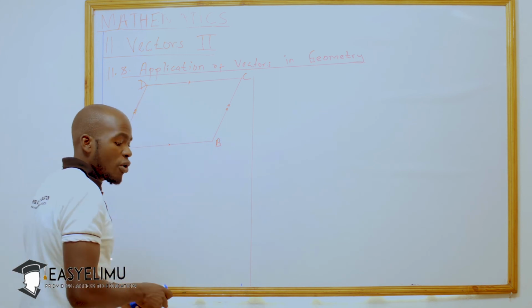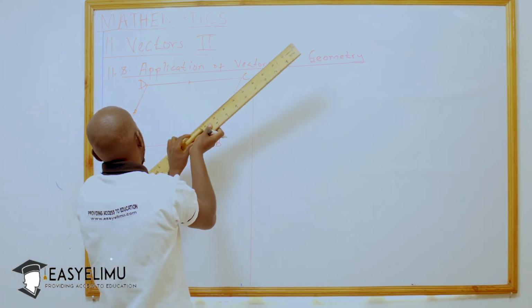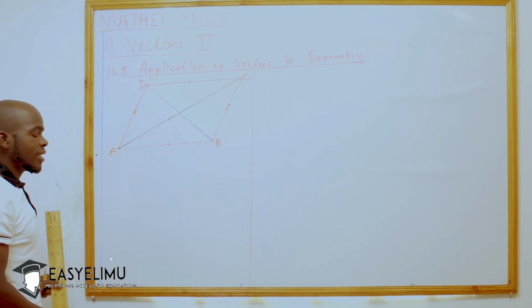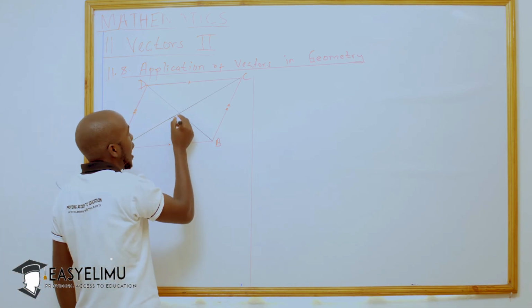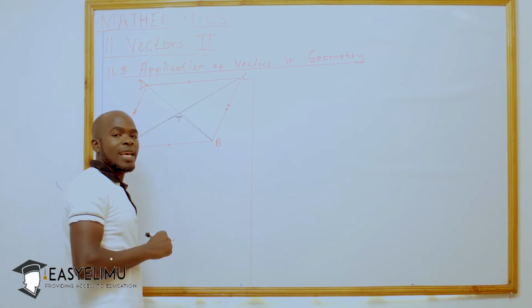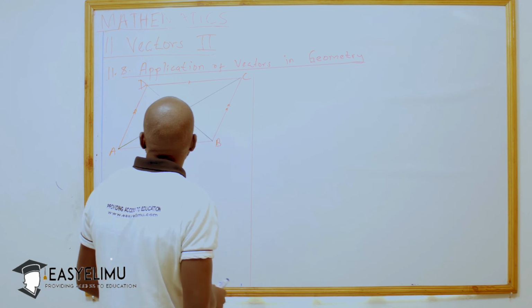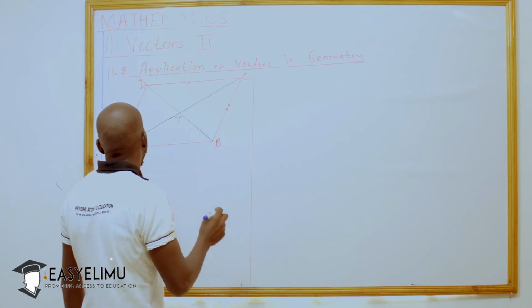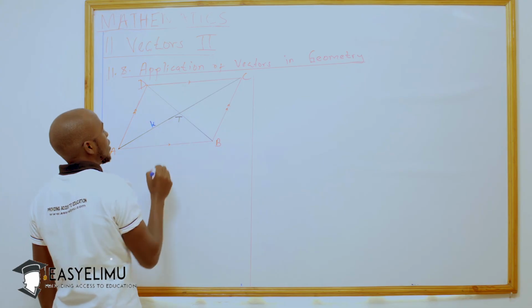So what we shall do, we are going to construct the parallelogram, that is joining the vertices diagonally, and let the point where they intersect each other be called T, such that if we take a ratio of it, let's say from A to T be K.